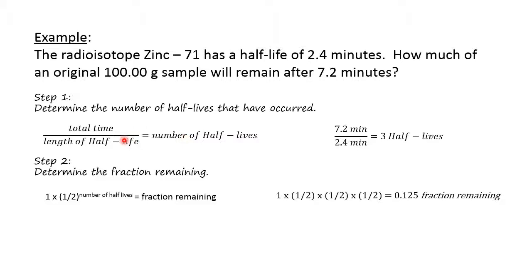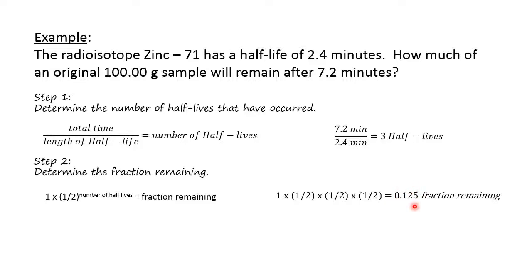So since we have 3 half-lives, we're going to multiply 1 by a half 3 times. So 1 times a half times a half times a half. And what we should end up with is 1/8 or 0.125 as the fraction remaining. So this is the representation of 1/8 in decimal form.